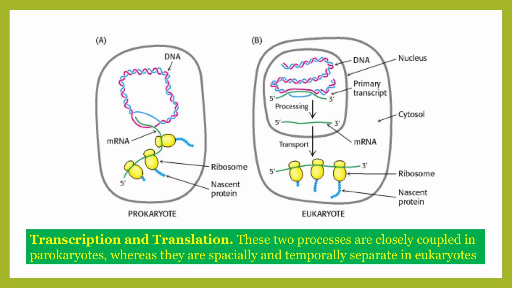So, what I mean to say is that in the same compartment, simultaneously, synchronously, while transcription is still not finished, at the 5' end the ribosomes attach and bring about translation. So, this is called simultaneous or coupled transcription and translation in prokaryotes, but in eukaryotes it is quite different.